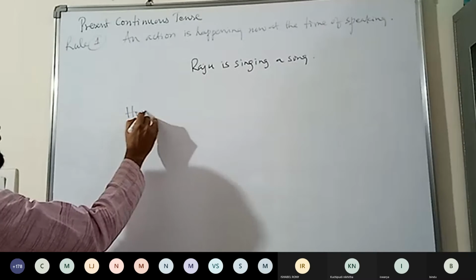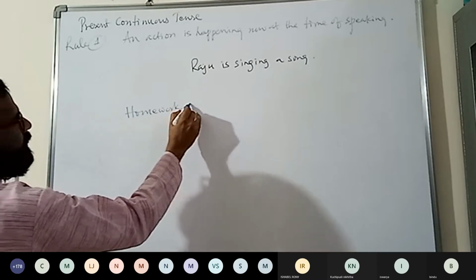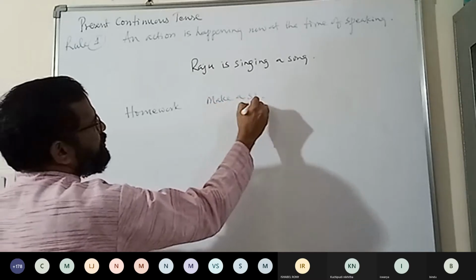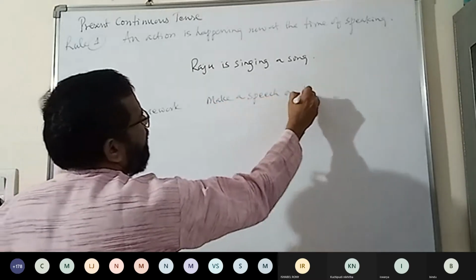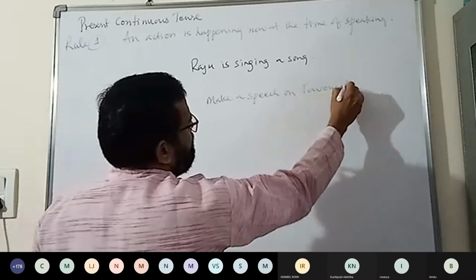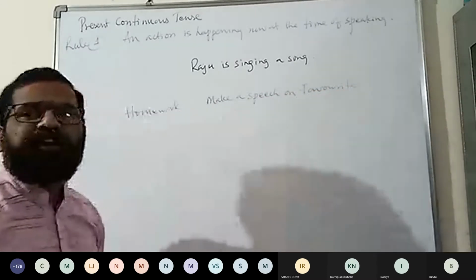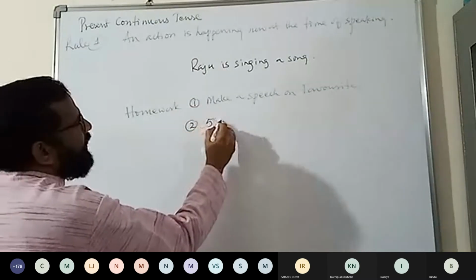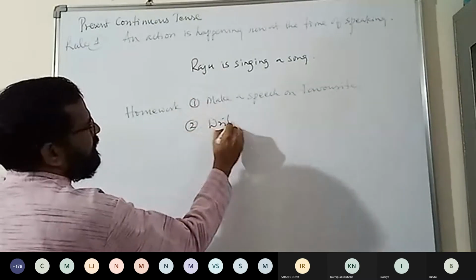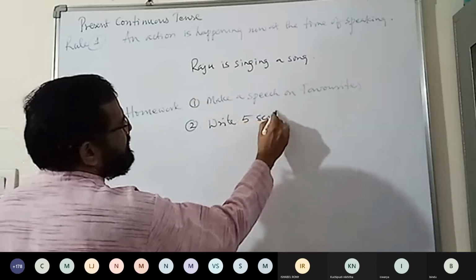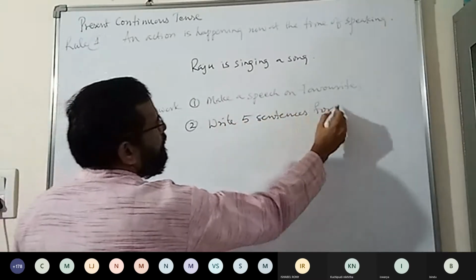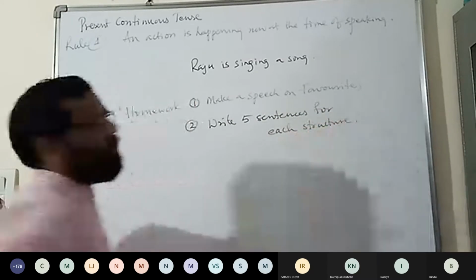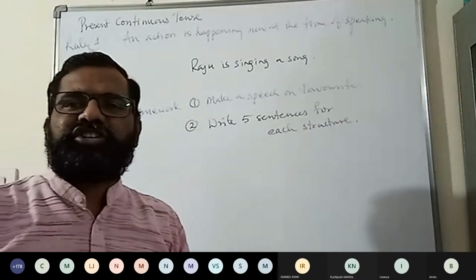So your homework would be: make a speech on favorites. Please make a speech on favorites. Number 2, write 5 sentences for each structure.